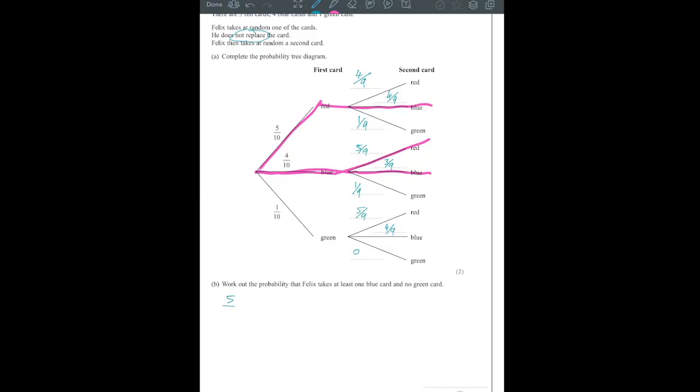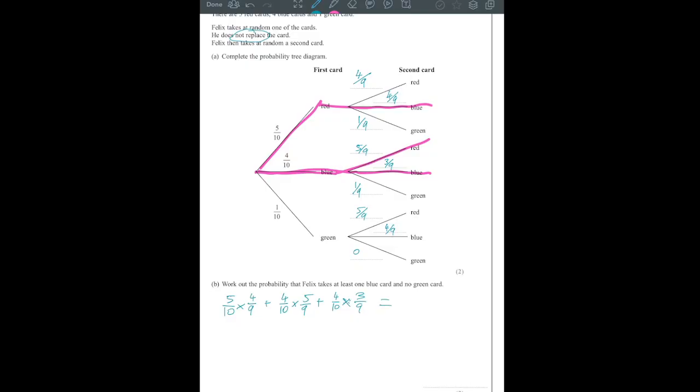When you go through the tree diagram, you multiply. So red, blue is the 5/10 times 4/9. The blue, red, 4/10 times 5/9. And the blue, blue, 4/10 times 3/9.